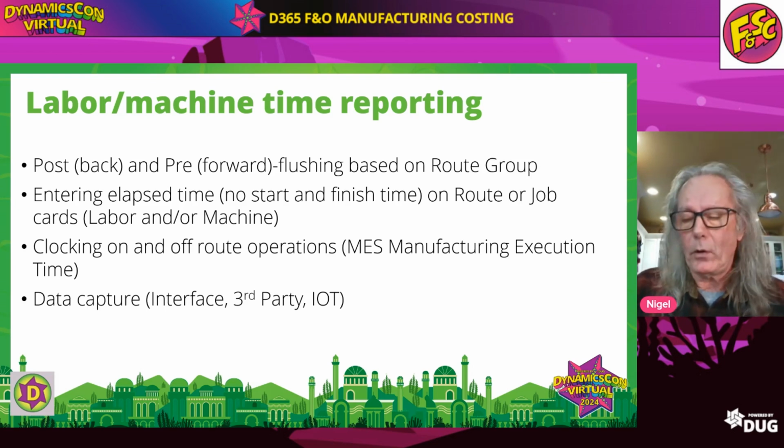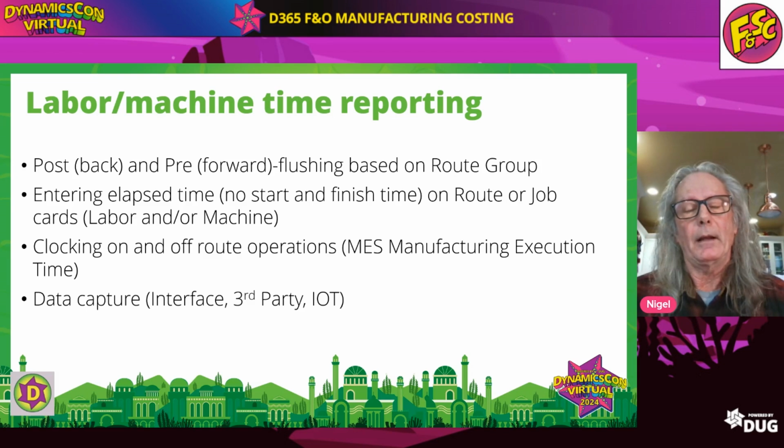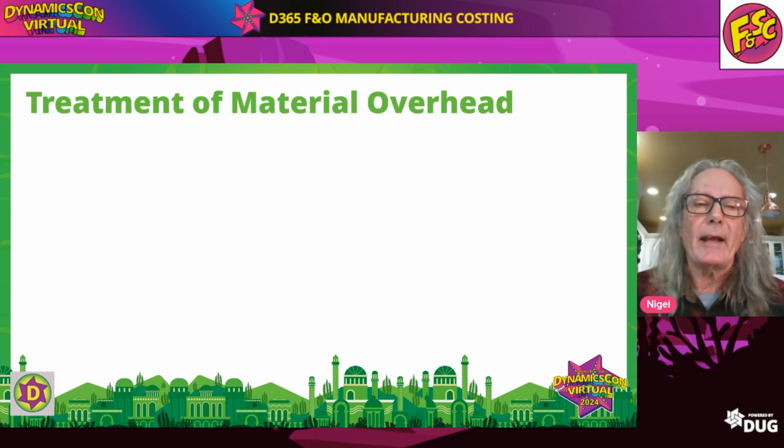So those are your 4 options for reporting labor and machine. Keep in mind in MES, if you're not using IoT, but you want to log on and log off the machine, then you have to basically have, in a sense, somebody on the MES system who's pretending to be the machine.